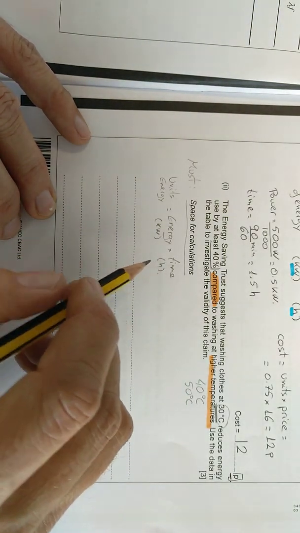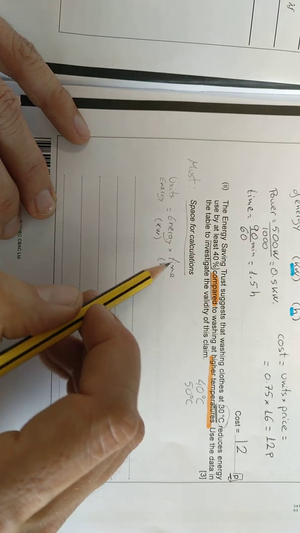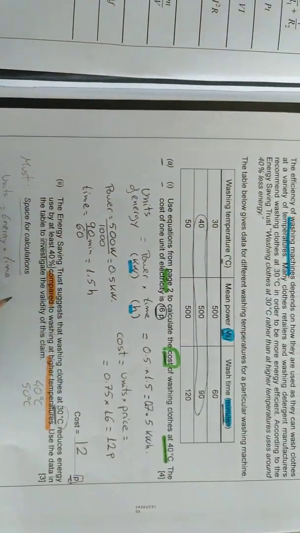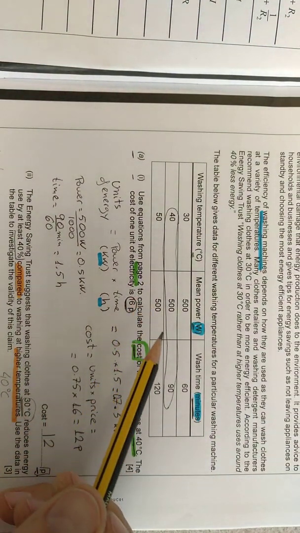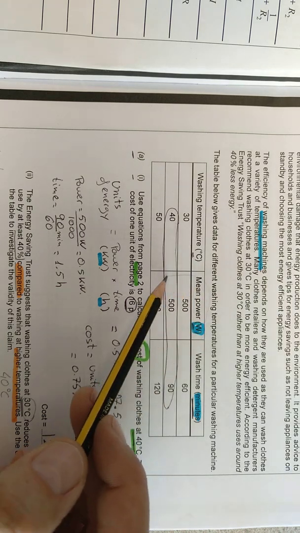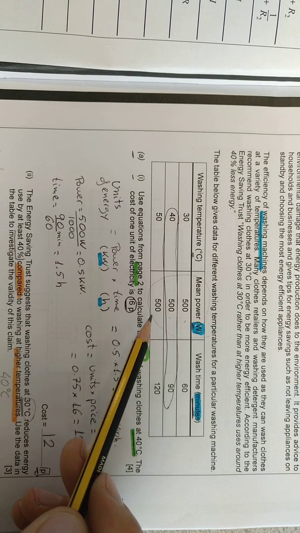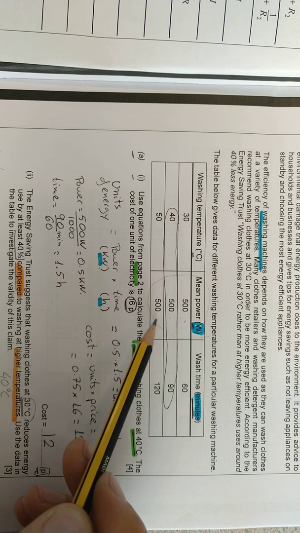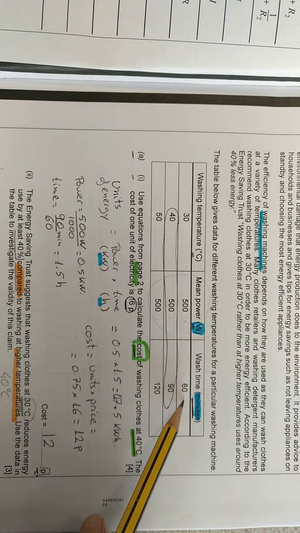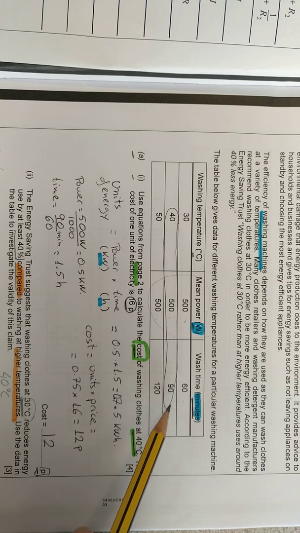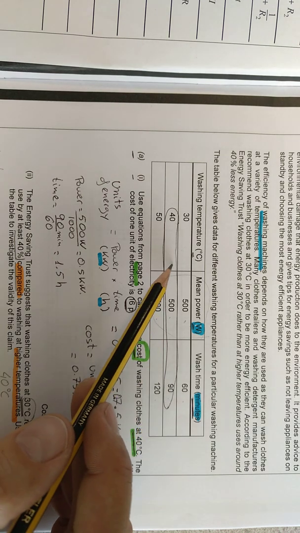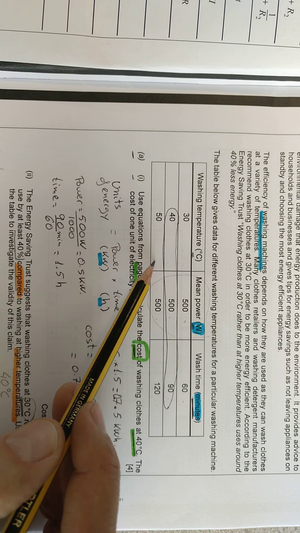Now, the interesting point about this equation is that if we observe this data, the power doesn't change, it's always the same, 500, 500 and 500. However, if you look, the time changes depending on whether it's at 30, 40 or 50 degrees.